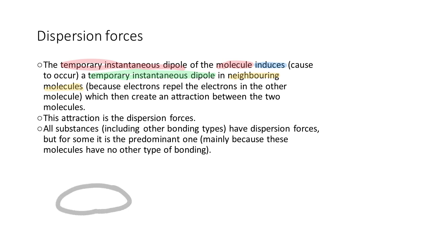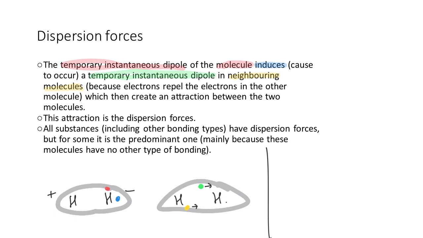So the idea is that if I have two molecules here, let's say two molecules of H2, and the electrons in this one are over here, then this is the negative side and this is the positive side for that instant in time, and they're going to repel the electrons in the neighboring molecule to move them that way.